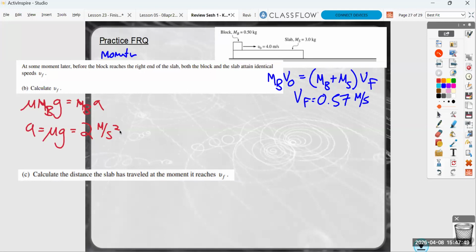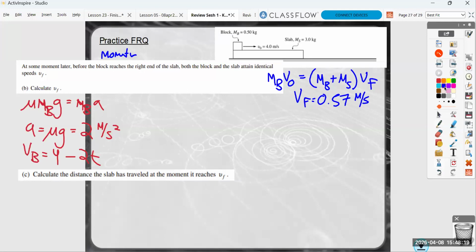We don't actually need to integrate, but what's happening to the speed of the block? It's decreasing. We do have a kinematics equation that tells us how speed changes over time. It's the first one. So we could say that the velocity of the block starts out at 4 meters per second minus 2t, right? Initial velocity plus acceleration times time. I'm writing negative here because it's slowing down, the acceleration's in the negative direction.